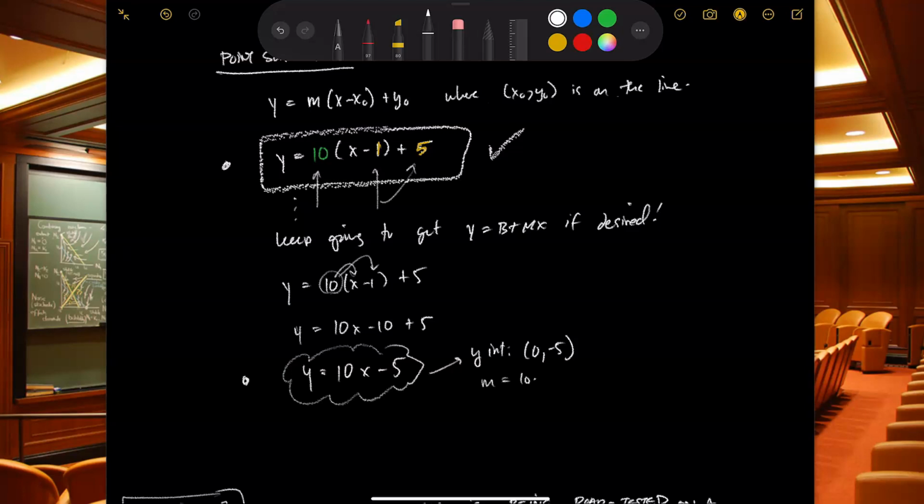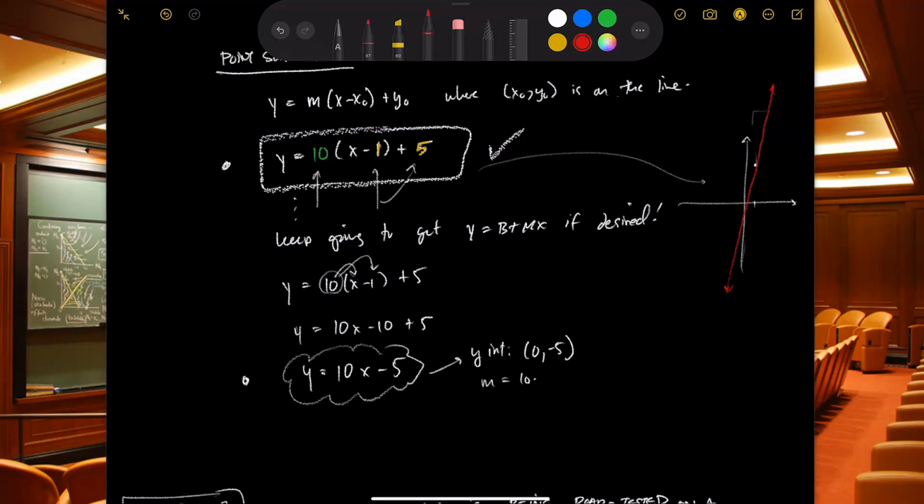But regardless, you could use this to sketch a graph, even if just to get a quick sketch in your head, not to do a perfect one, but say, well, I'm at the point 1, 5, I've got a slope of 10 that's up 10 over 1. It's going to look something like this. Right, a pretty steep line.